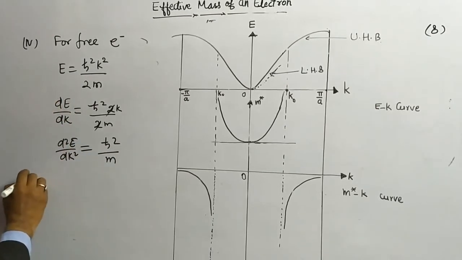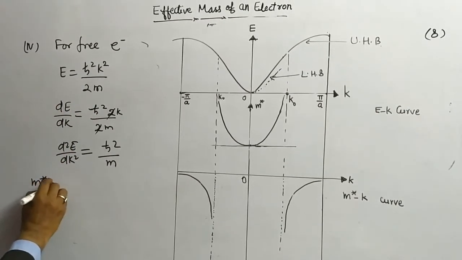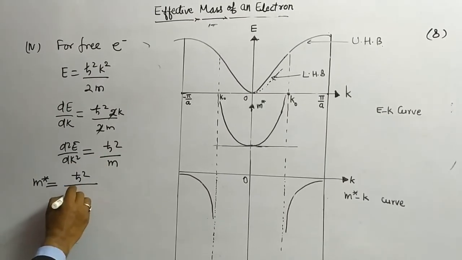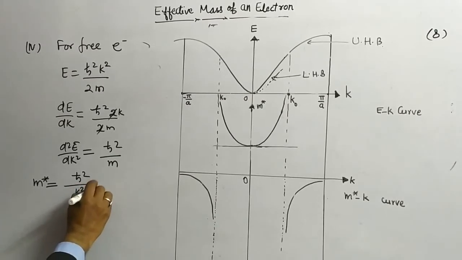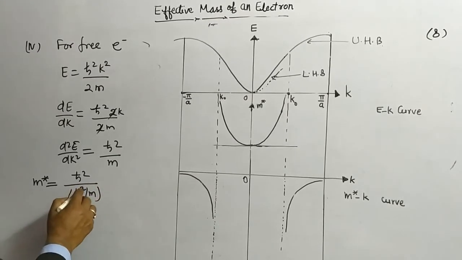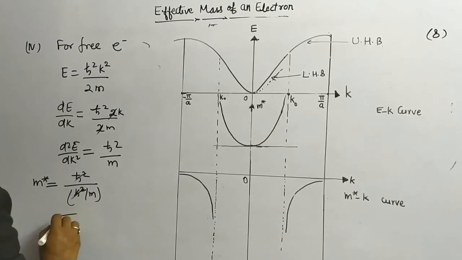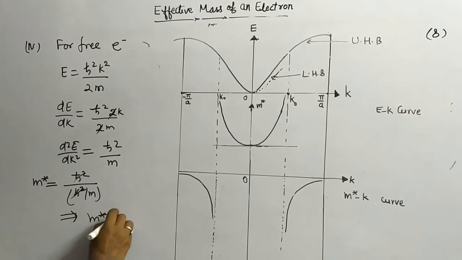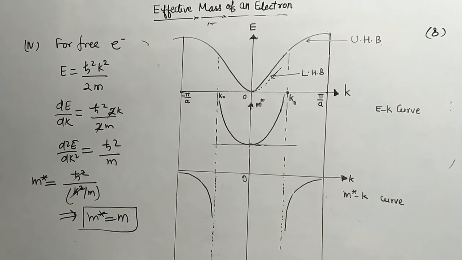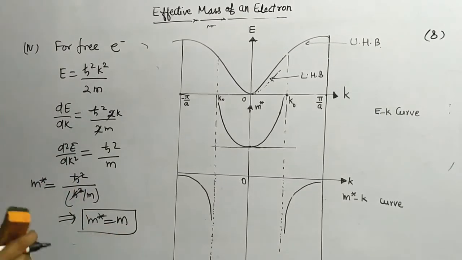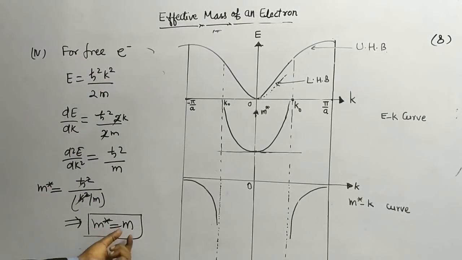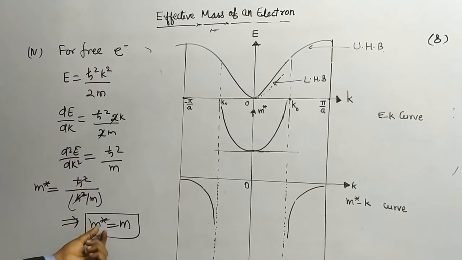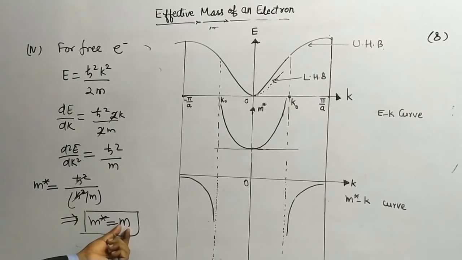If I substitute in the equation for effective mass, it becomes h bar square by m over h bar square, which gets cancelled, so this becomes equal to m. So it means that for a free electron, the effective mass is equal to the free electron mass. This is a very important conclusion. For a free electron, the effective mass is equal to the free electron mass.